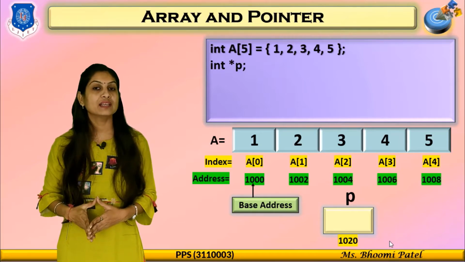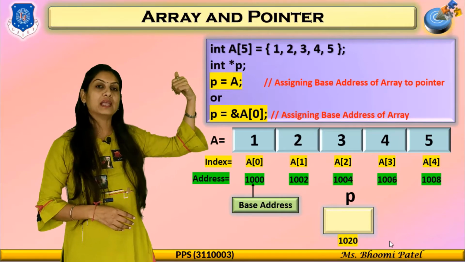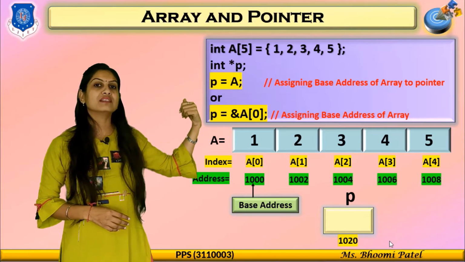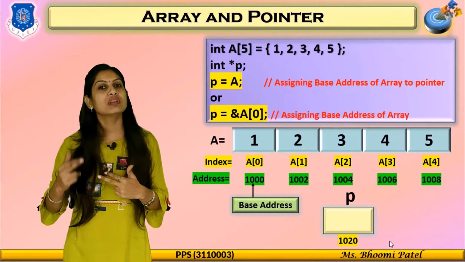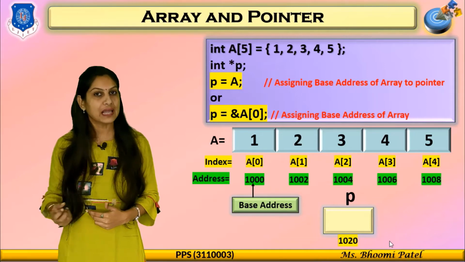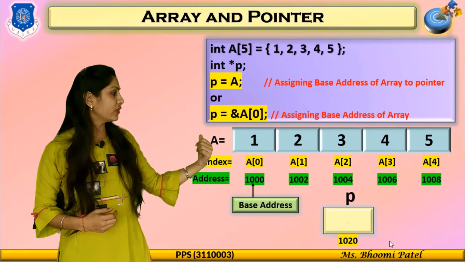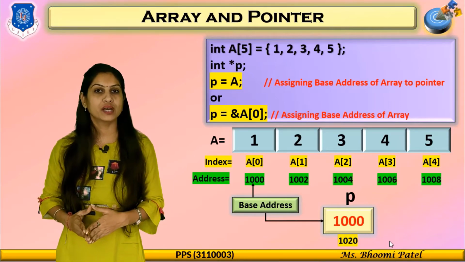So how can we initialize our pointer? For that we use p equals a, or we can say p equals address of a of 0. These two lines have the same meaning. Pointer stores the address of the first element. Clear? So the first element has address 1000, and that will be stored in our pointer p.